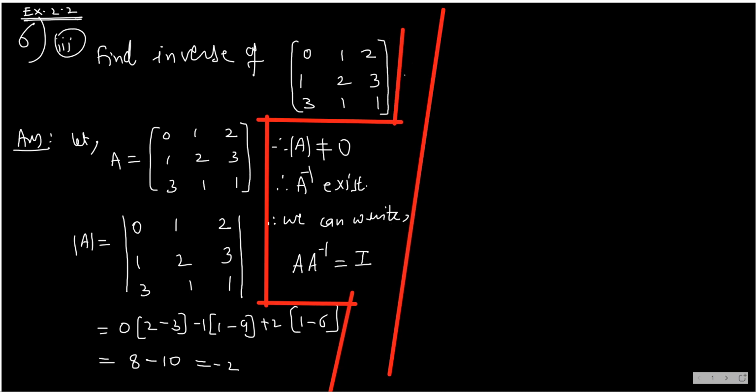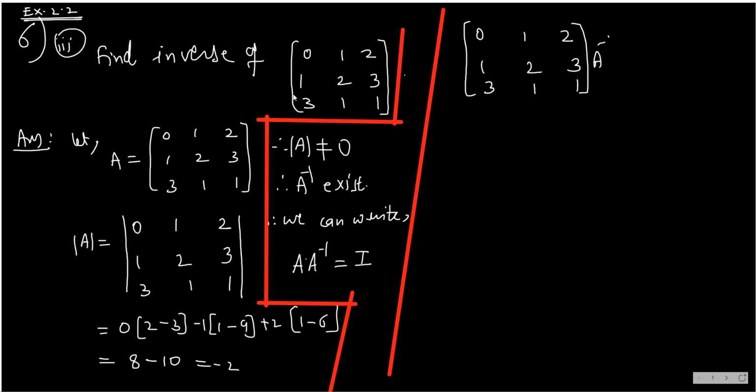Okay, so here I write A into A inverse as I. So let me now begin. Let's see, what do I get? Now write what is A. A is, so here you have 0, 1, 2, 1, 2, 3, and 3, 1, 1. And this side you have A inverse equals to I. What is I? 1, 0, 0, 0, 1, 0, 0, 0, 1. What does method say?